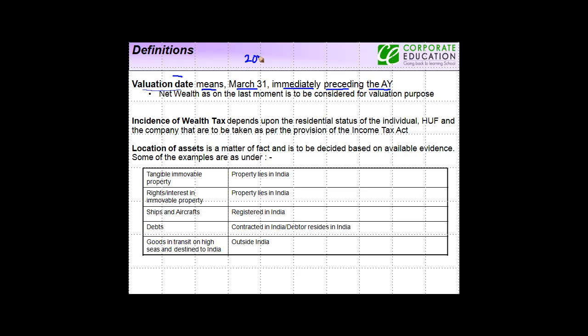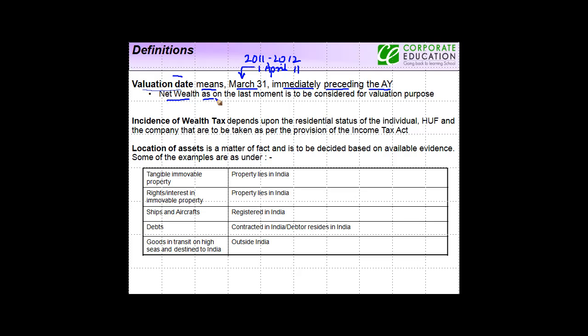So if the assessment year is 2011-2012, that will commence from 1st April 2011, and therefore March 31 immediately preceding the assessment year will be March 31 of 2011. So that is to be considered as the valuation date.